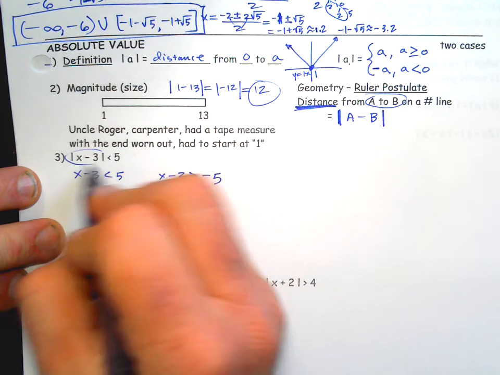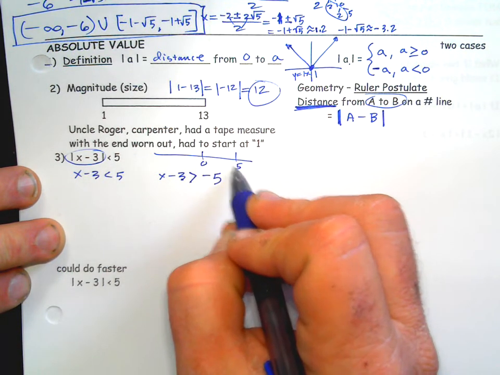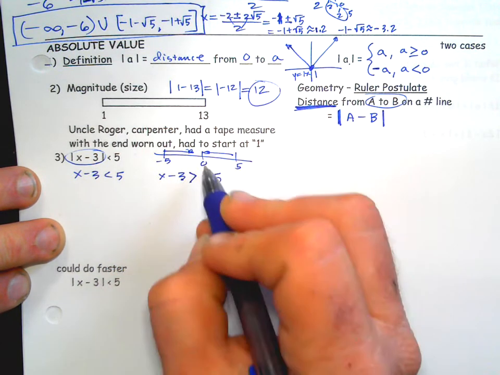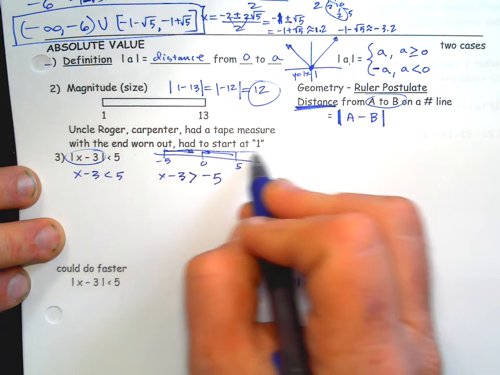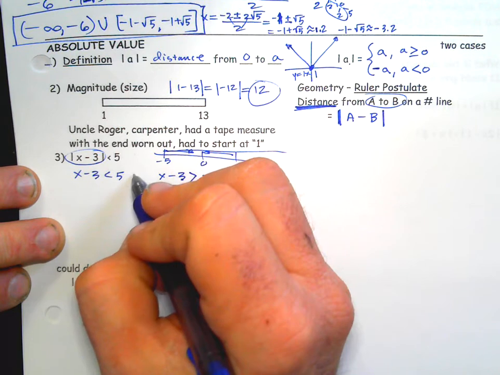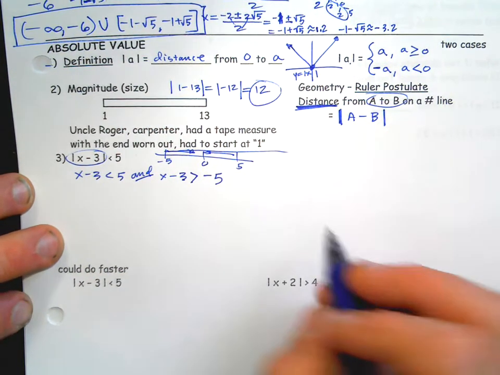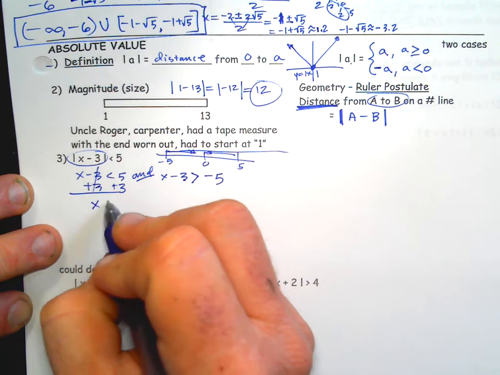If it was distance smaller than 5 from 0, then you wanted to be closer than 5 away on both sides. You wanted it to be true for both of them, because just because it's to the right of -5, but it's at 100, that's not less than 5 away from 0. So you had to use the word and. That makes a big difference, because if it's or, that's a totally different answer.